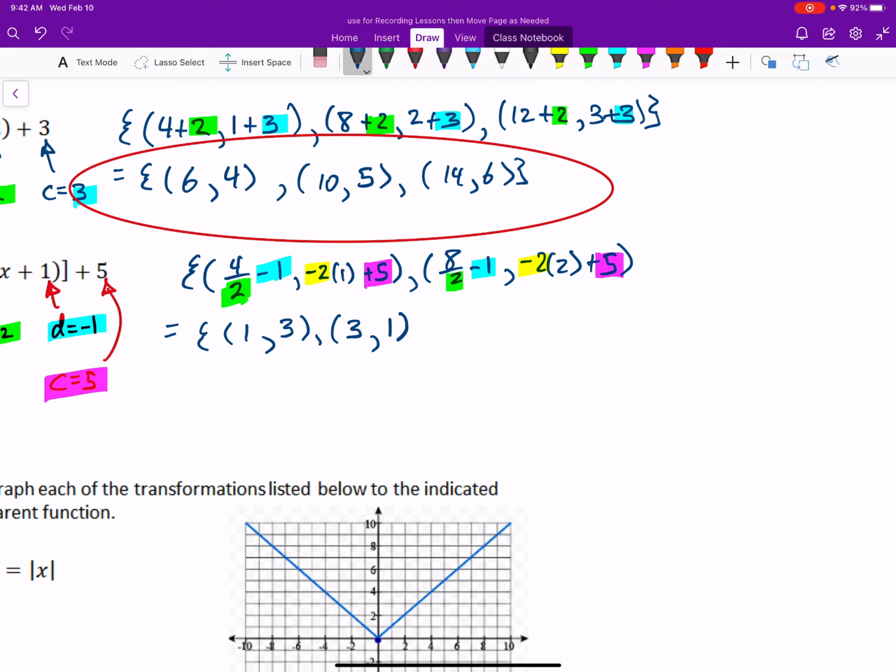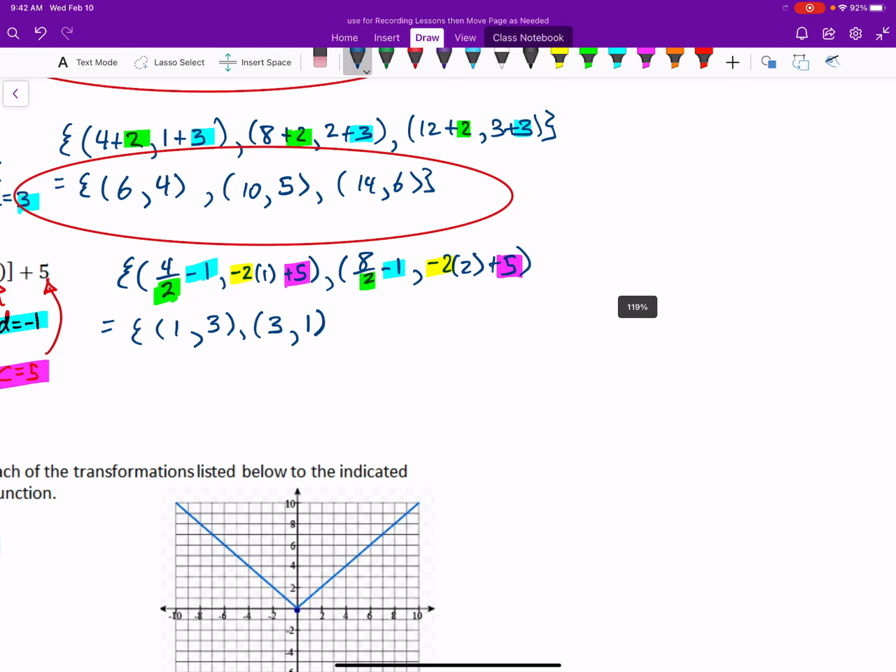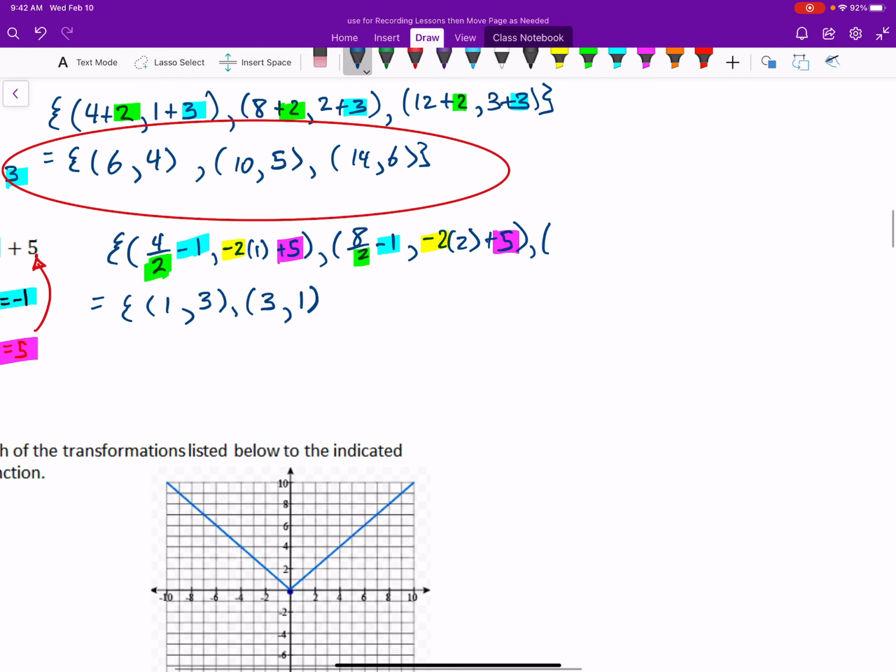And again, so now I've just got this new point with all these transformations done to it. If I do it one more time, because I have one more point, I'd start with 12 over 2 minus 1, and I'd have negative 2 times 3 plus 5. Let's highlight one more time just to show where they came from, to remind you where all these numbers came from.